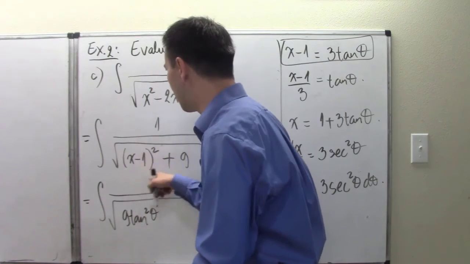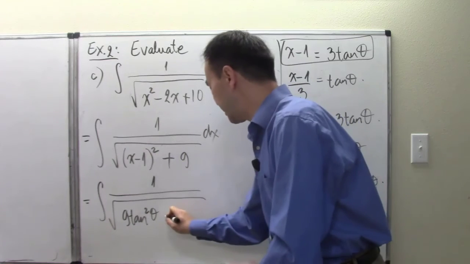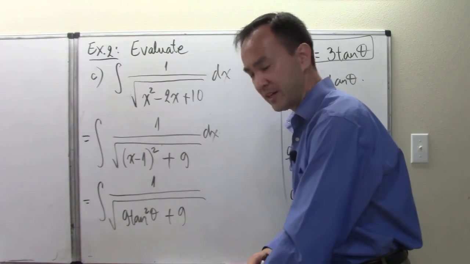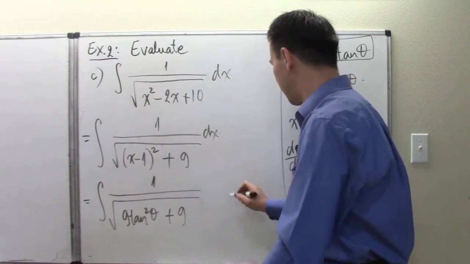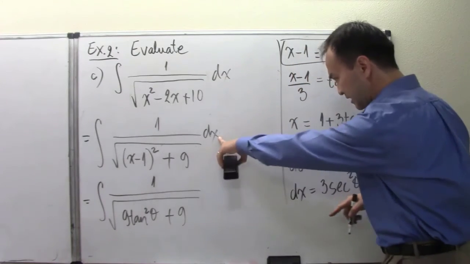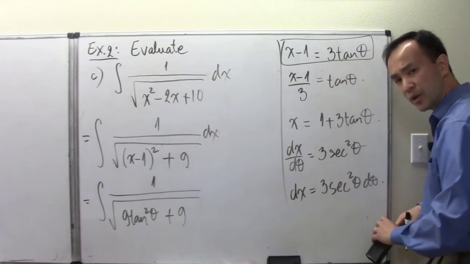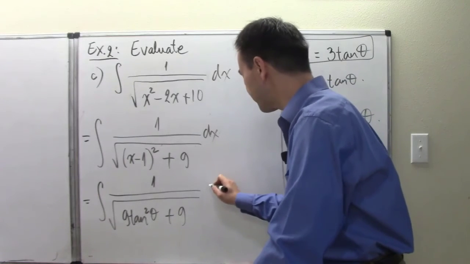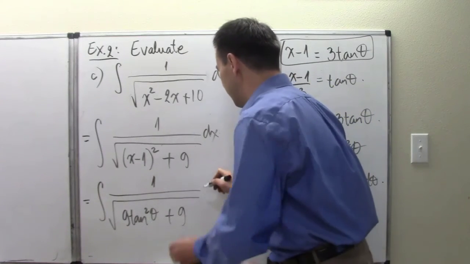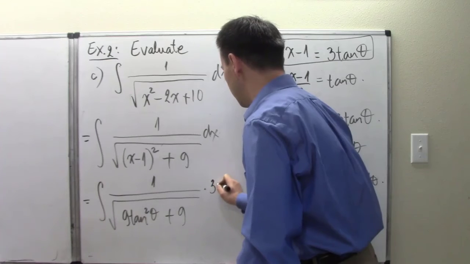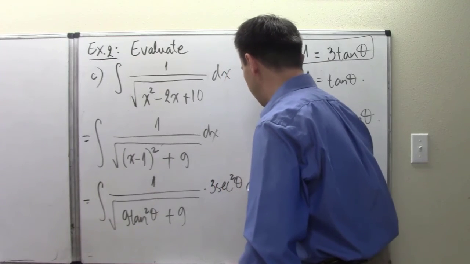It's substituted for all that x minus 1 all squared, and then plus 9. And the dx right here can be substituted by 3 secant squared theta d theta.